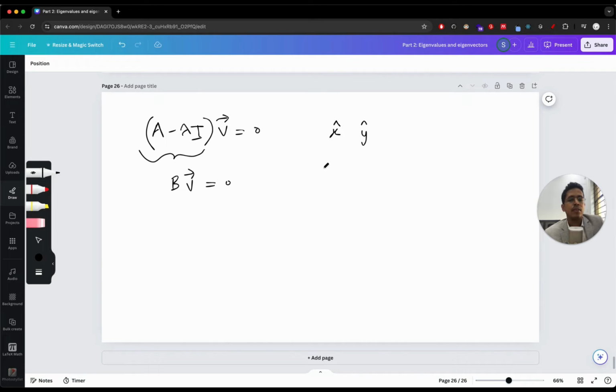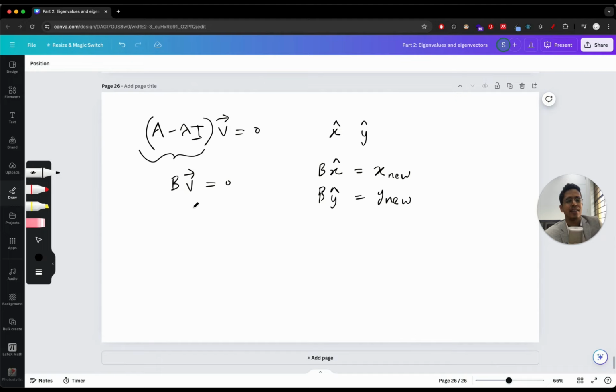So something will happen. B times x cap will be some sort of x new, and B times y cap will be y new.